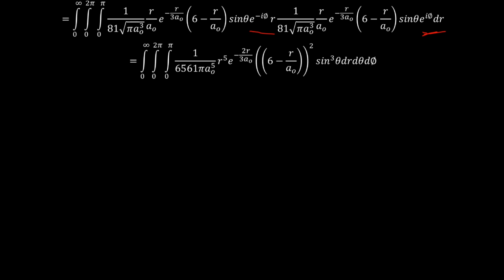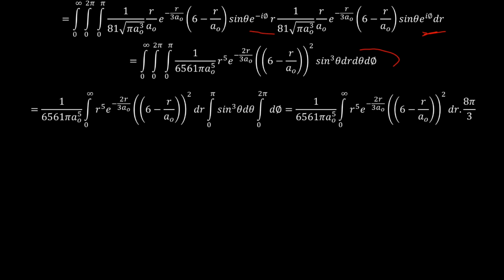If we compress those two together, we have this expression, which we can spread out. We can take the radial component together, then the angular component together, which spans from 0 to pi, and we can also take the phi component together.